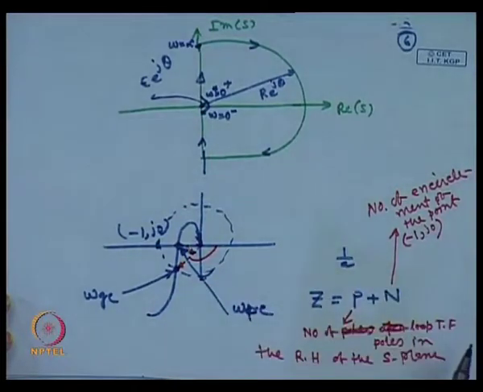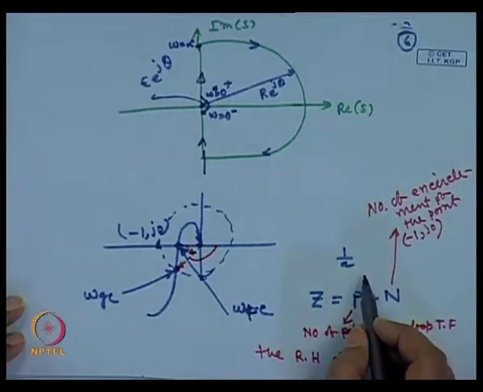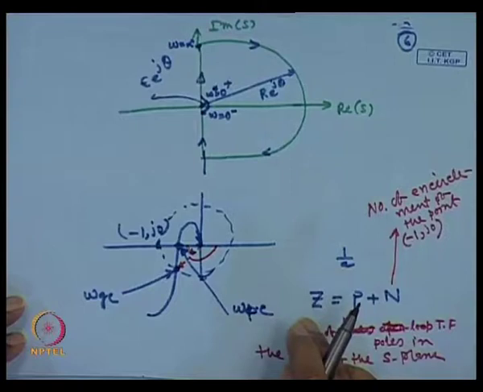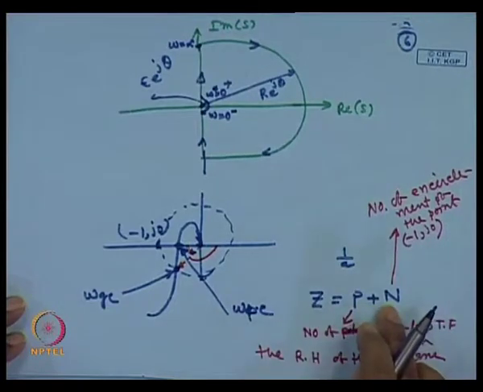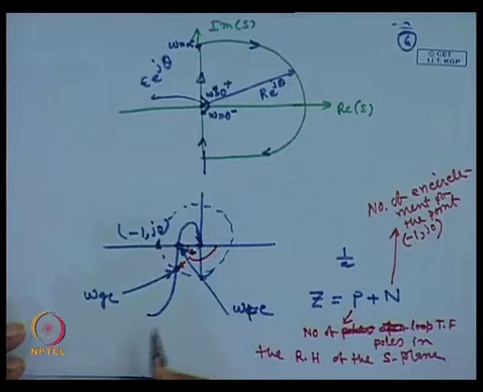Suppose the open loop system is unstable, and we have seen there are two poles in the right half of the S plane of the loop transfer function. So, P value is 2. So, for the system to be stable, N must be 2.